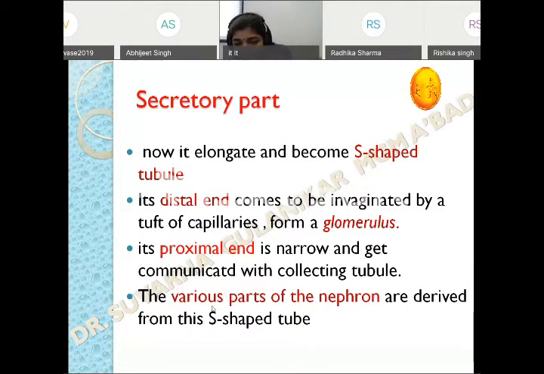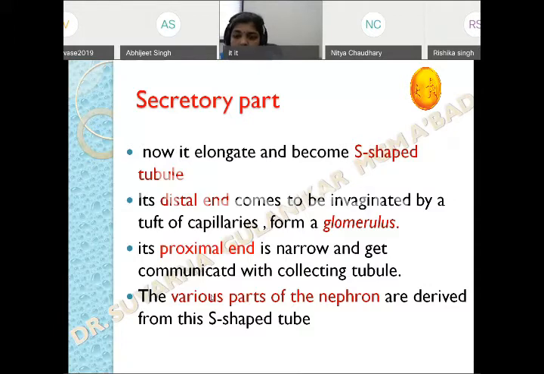Lastly, this S-shaped tubule gives rise to different parts of the nephron, that is the glomerulus, Bowman's capsule, PCT, loop of Henle, and DCT. So all these parts are derived from the S-shaped tubule, which is formed by the metanephric blastema.